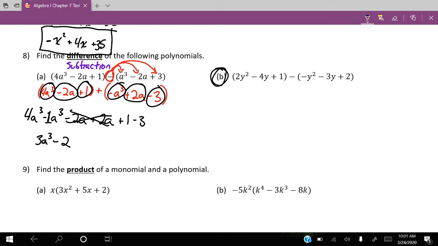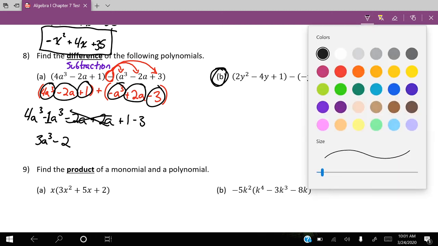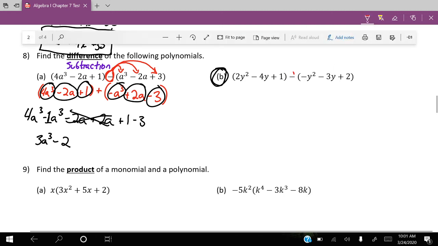Now I'm going to repeat the process for 8b right here. So again, the first thing I'm going to do is distribute that negative in the center. This minus right here is going to be distributed to the polynomial after it. So the first polynomial, 2y squared minus 4y plus 1, stays the same, literally does not change.